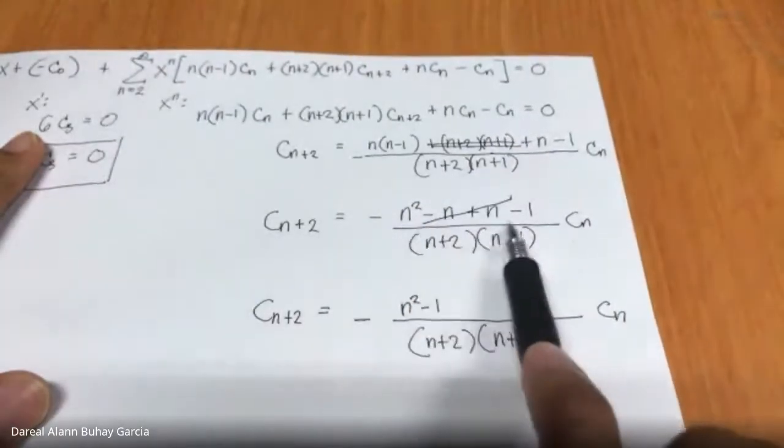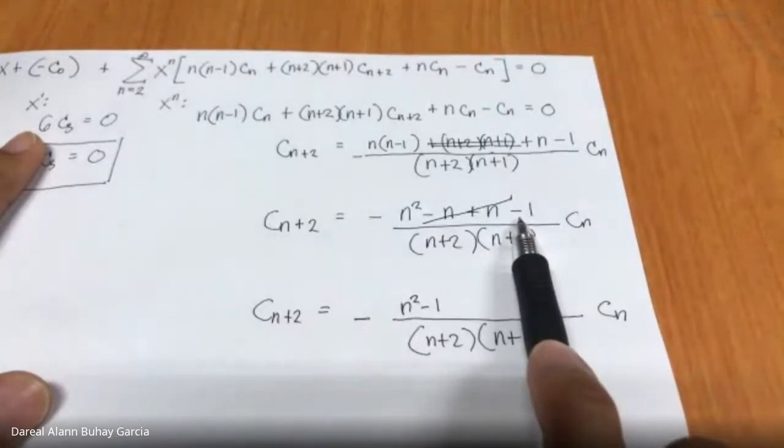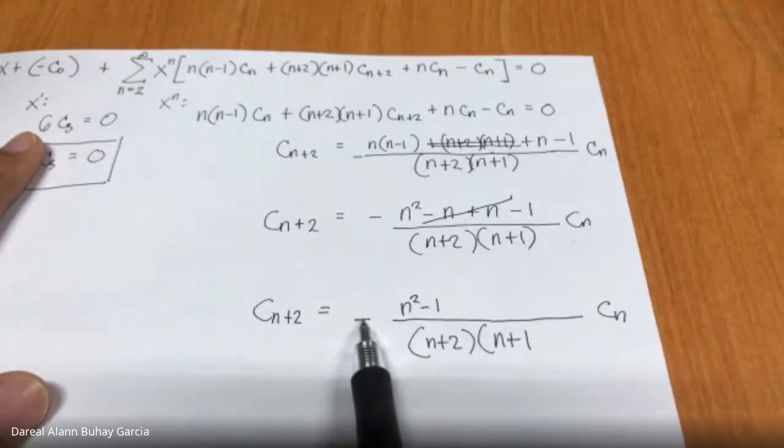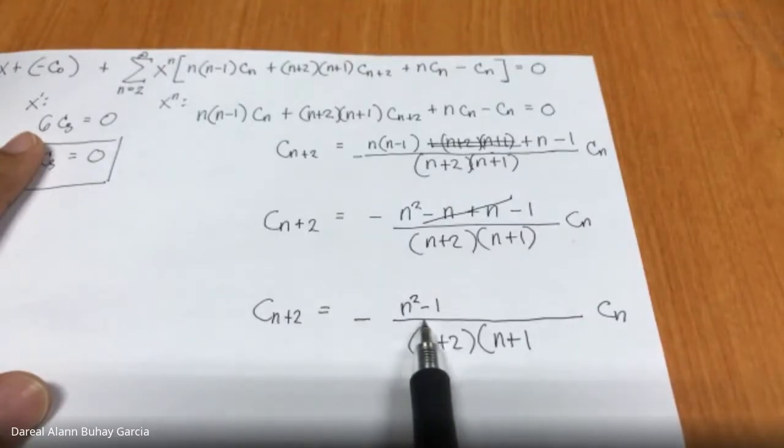Sakto, n squared minus 1 lang na mabilin. Diba? Assuming it's negative, wala pa na ako i-distribute. Correct?